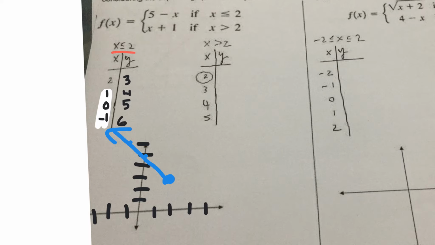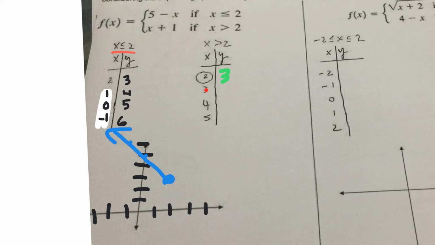Now the second piece of my function occurs when x is greater than 2. So again, it goes all the way up to 2, but it does not include 2. So we put that open circle around 2 to help us remember, hey, we're going to put an open circle on our graph. If I plugged in 2 here, I would get 3. Because again, we're plugging into this bottom function.